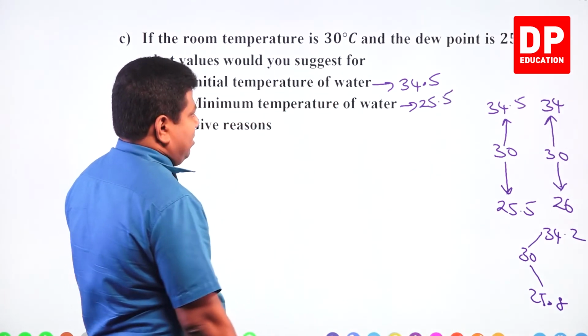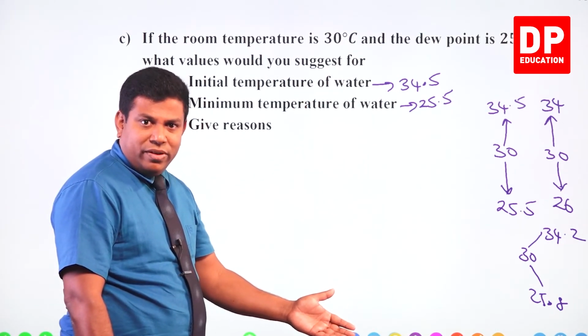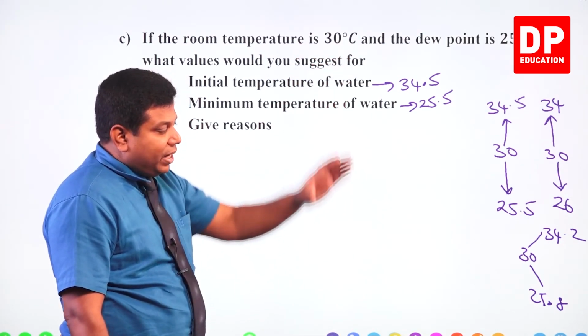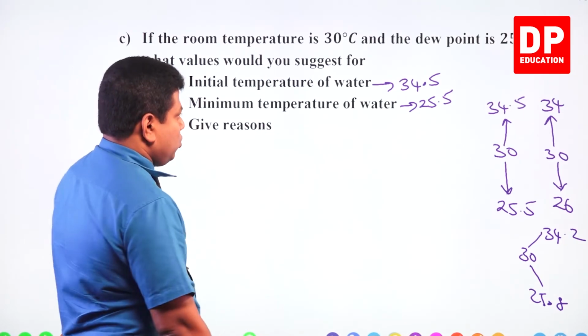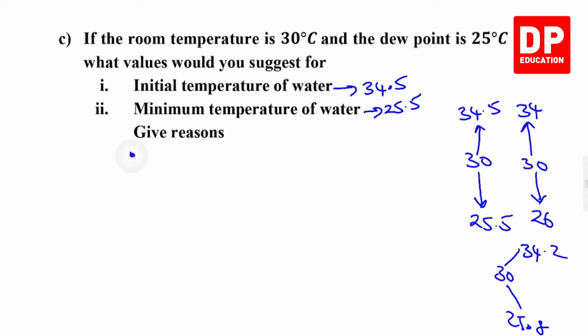Okay, give reasons. So there are two reasons that I explain. One, why I didn't go below 25, and the other, why am I taking up and down same amount, right? The two things are to justify here. To avoid the formation of dew. That's why I didn't go below 25 degree.